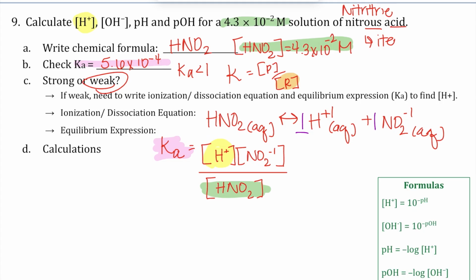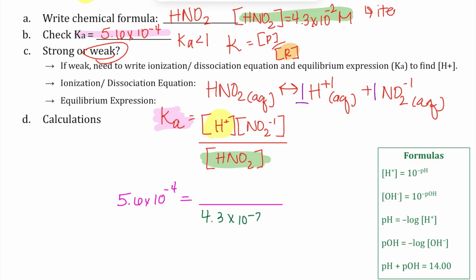And so we can use our same idea of the mole ratio as we did with our Ksp problems, and I can plug that information in. I can take that 5.6 times 10 to the negative 4, and that's going to equal, I can plug my HNO2 in on the bottom, and then I'm looking for H plus, but I know that I have one H plus for every one NO2.